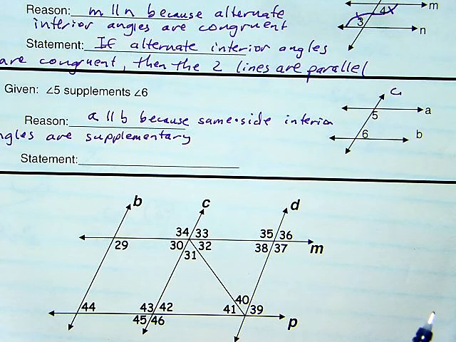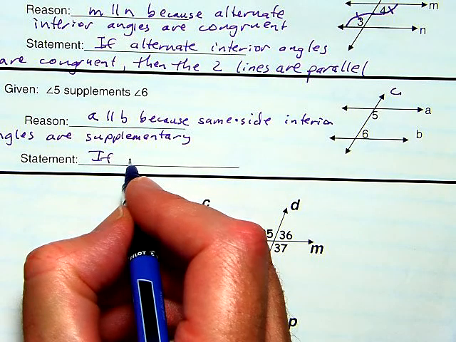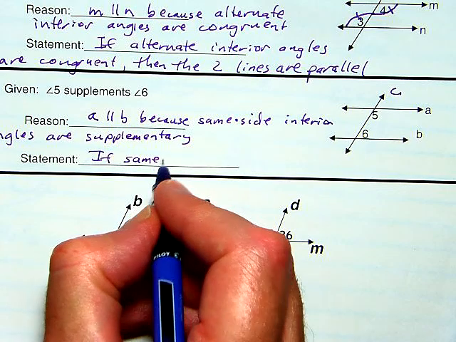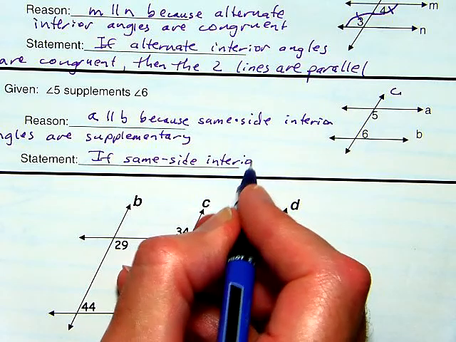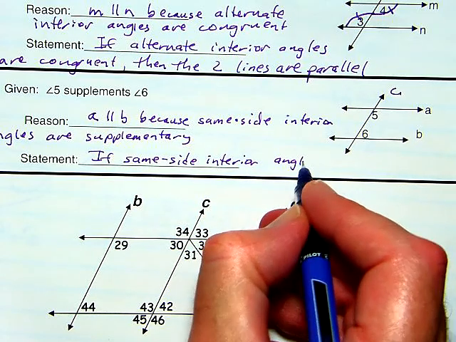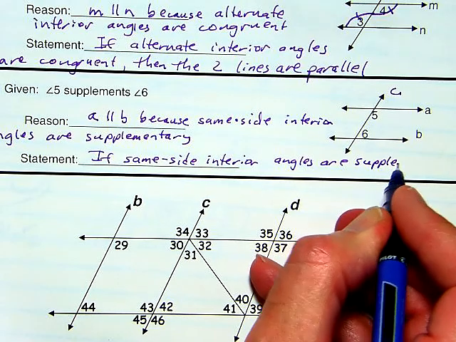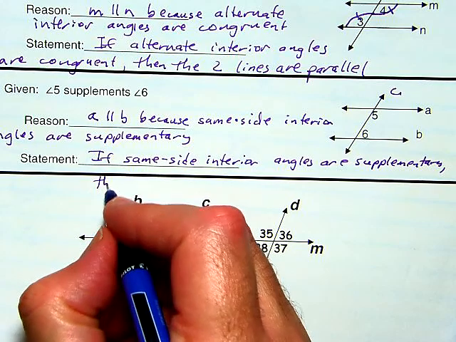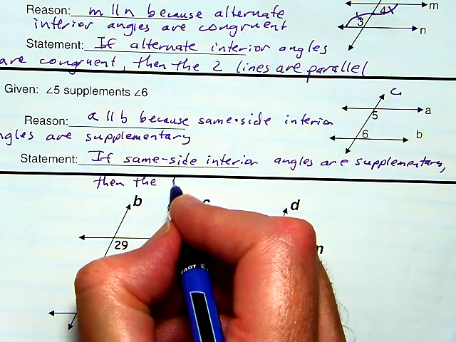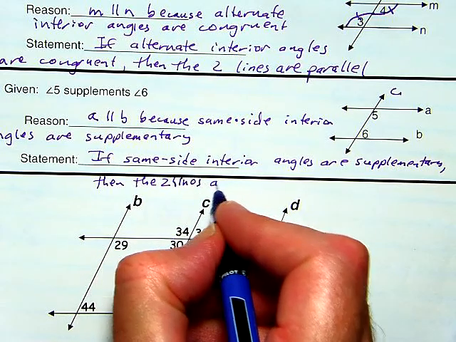And the general statement of this fact is, if same side interior angles are supplementary, then the two lines are parallel.